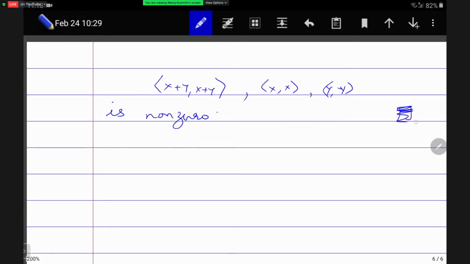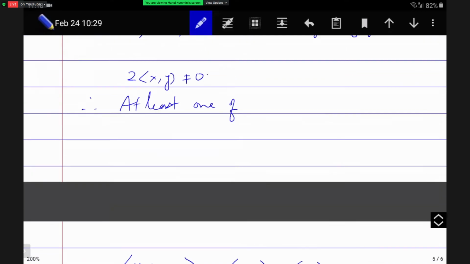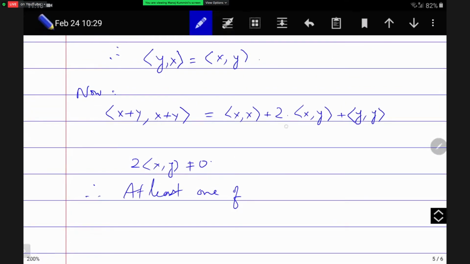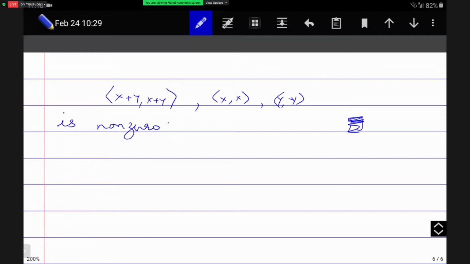We wanted to show that there exists some vector v such that ⟨v,v⟩ is non-zero. Because if all three of these are zero, then we'll get that 0 equals 2 times some non-zero number. Okay, so that cannot happen. So this is the proof that there is one vector v with this property.